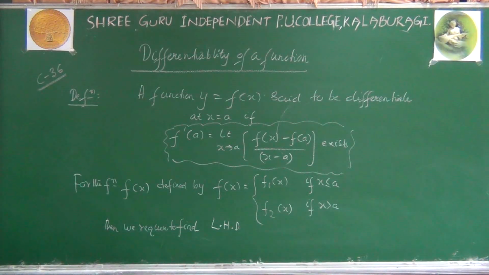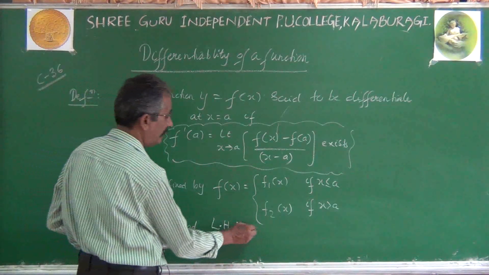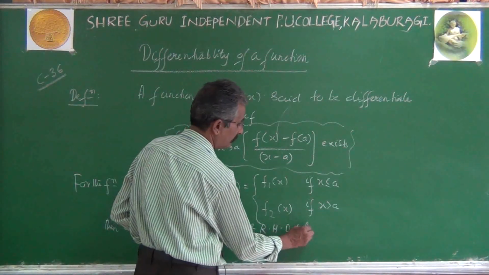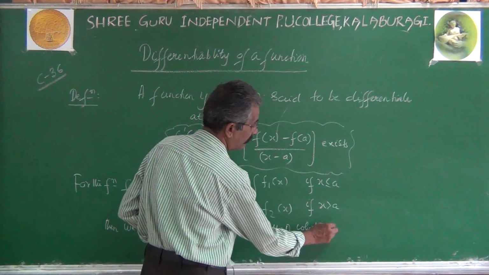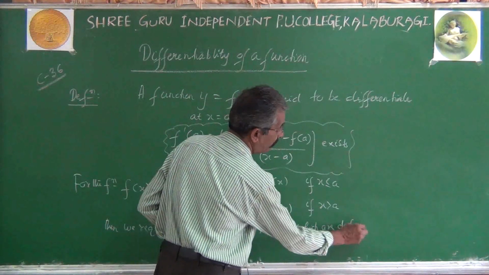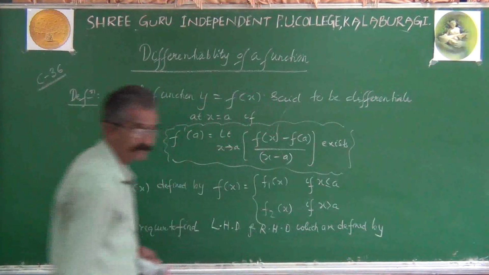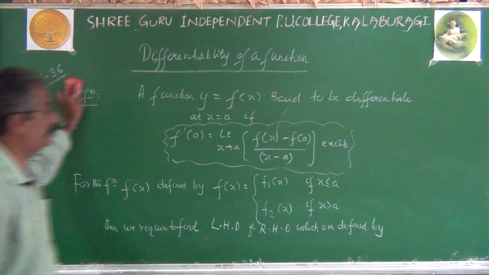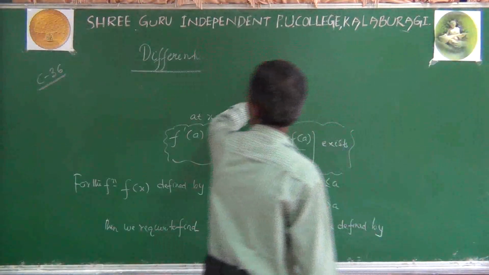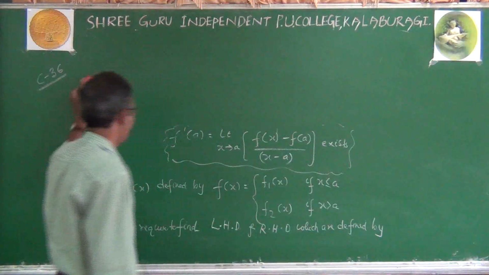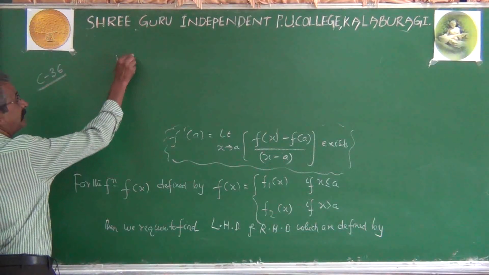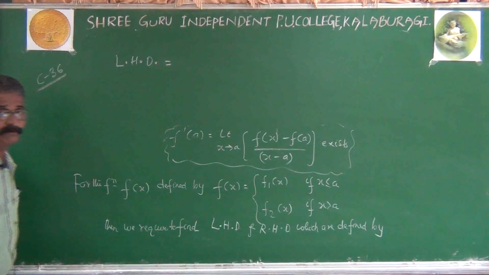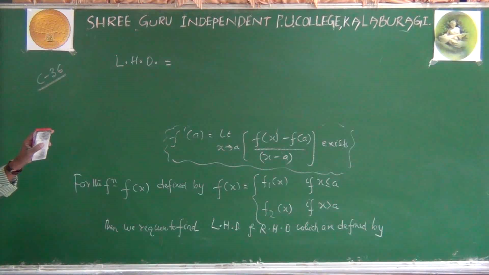This is the short form. The long form is left-hand derivative and right-hand derivative, which are given by the following. LHD equals, keep in mind its long form is left-hand derivative.